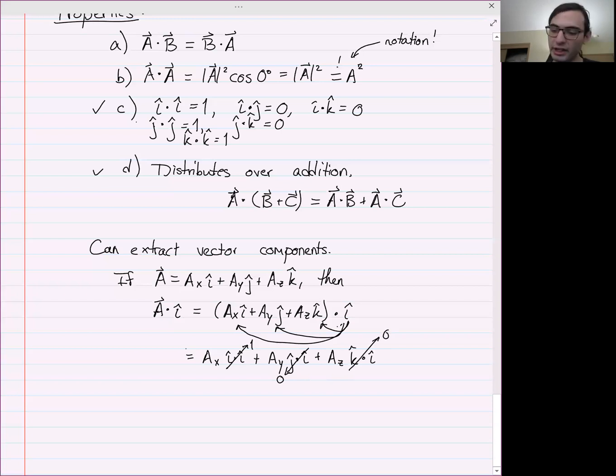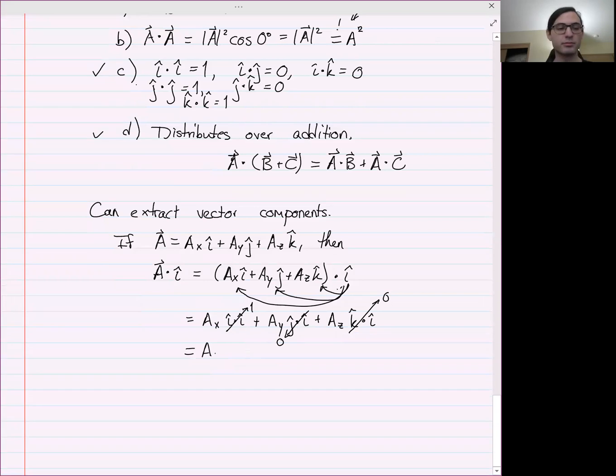So this whole thing gives us Ax. So if we're given a vector, we can compute its components by dotting it into the various unit vectors. So if you wanted the component in the y direction for this vector, you would dot it with the j hat vector, and that would give you the component in the y direction.